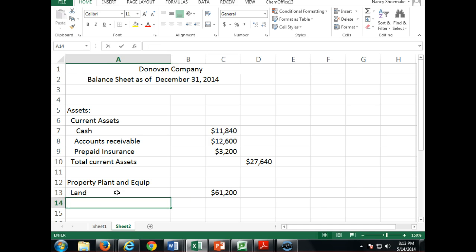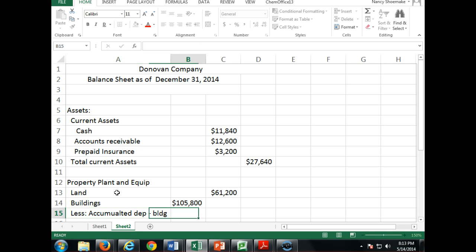Okay, what's next? Buildings, how much? 105,800. Less the accumulated depreciation on the building was how much? 45,600.